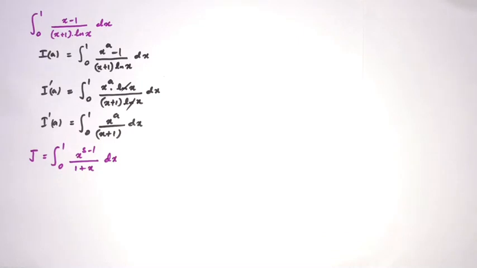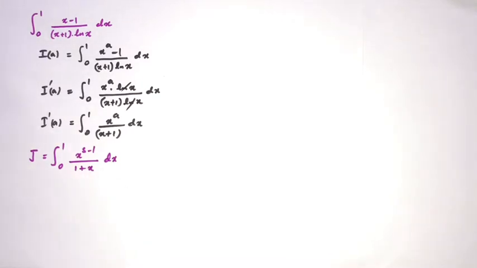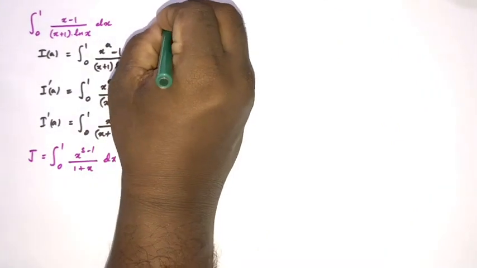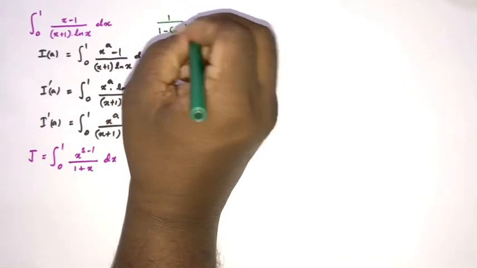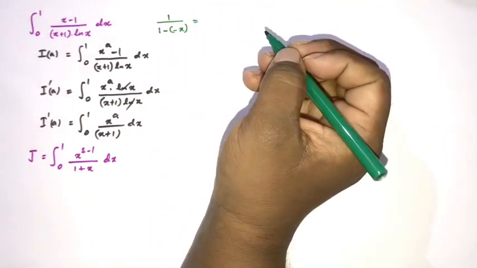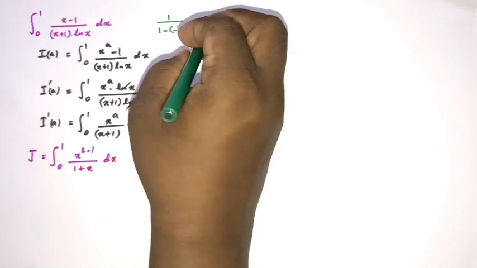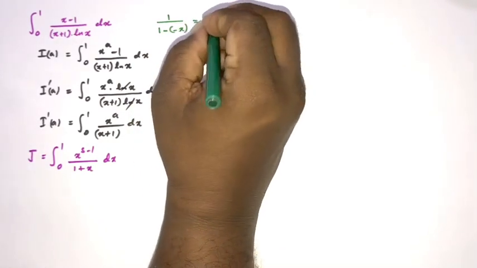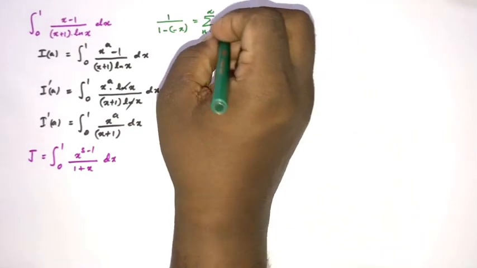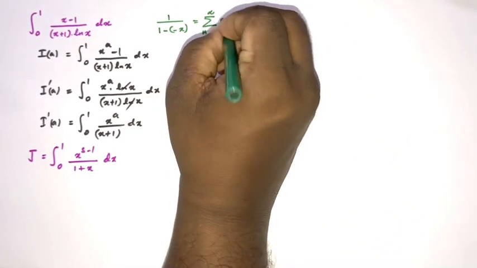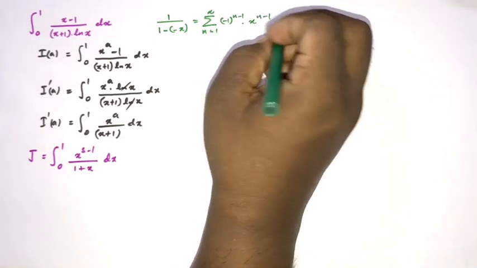Then in the denominator we have 1 plus x, so we can write 1 over 1 plus x using an infinite sum, the sum from n is equal to 1 to infinity of minus 1 to the n minus 1 times x to the n minus 1.